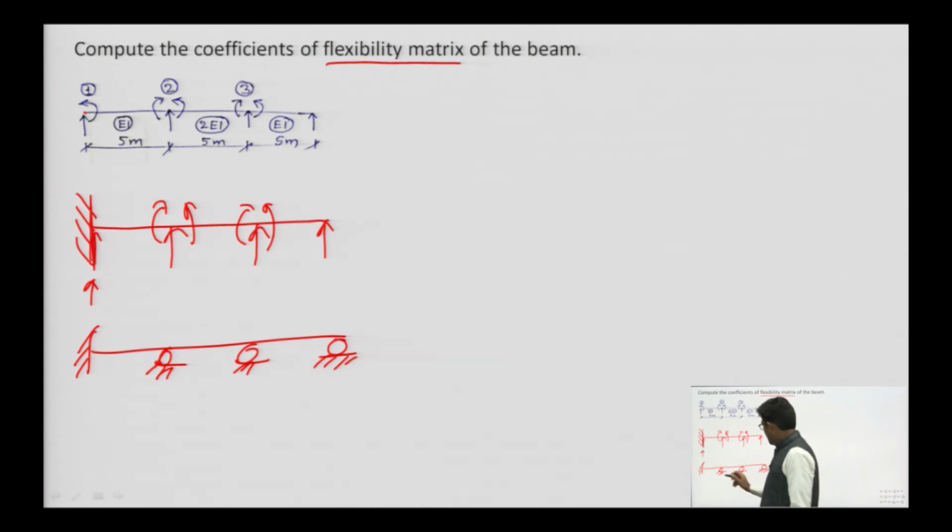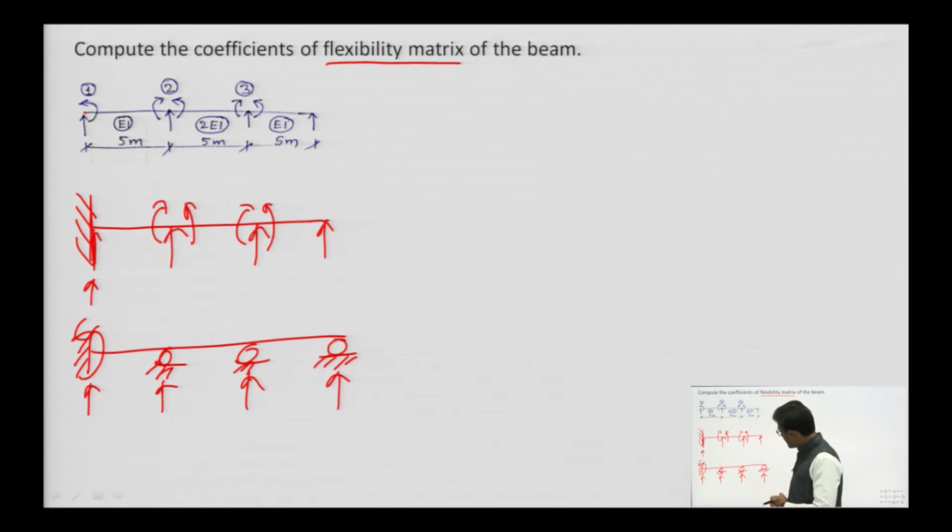Okay, and the number of unknowns. How many unknowns? Moment, vertical reaction, this. Here 1, 2, 3, 4, 5. 5 unknowns are here, and only 2 equations are available.